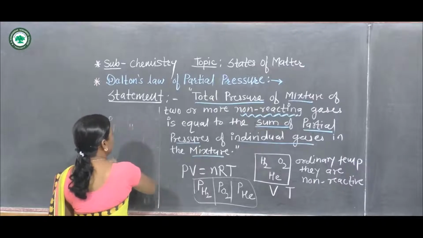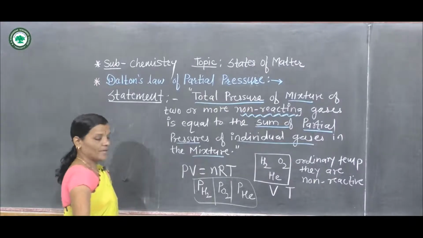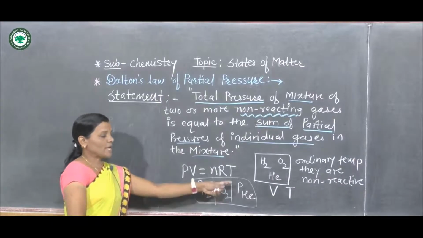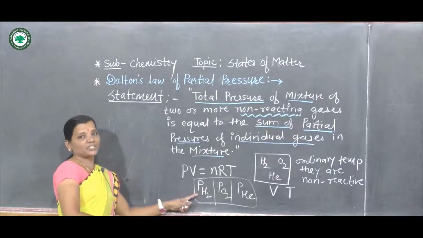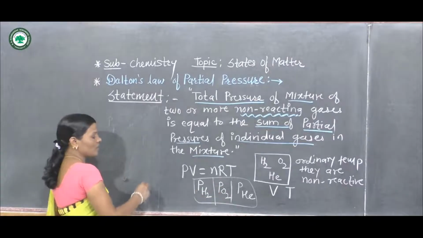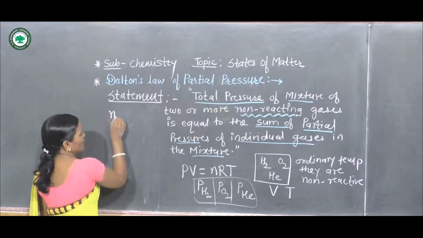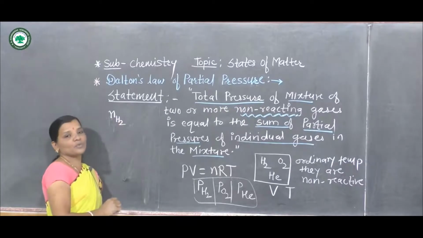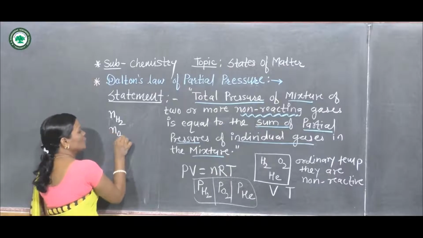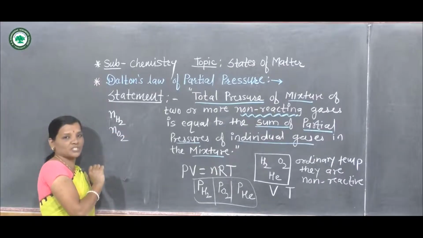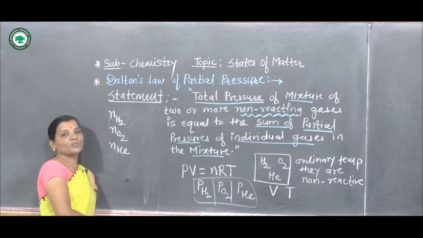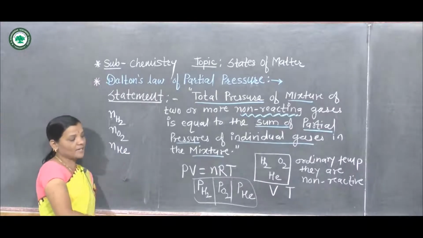The ideal gas equation we can write for every gas. PH2, PO2 and PHe are the partial pressures of H2, O2 and He respectively. Suppose nH2 is the number of moles of hydrogen gas, nO2 the number of moles of oxygen gas, and nHe the number of moles of helium gas in that container.